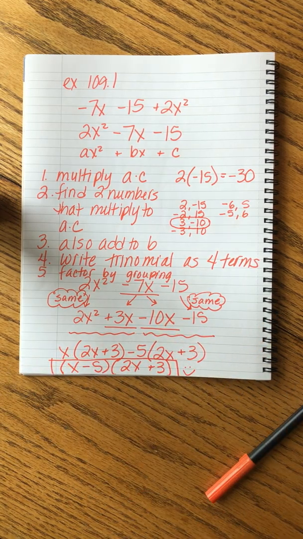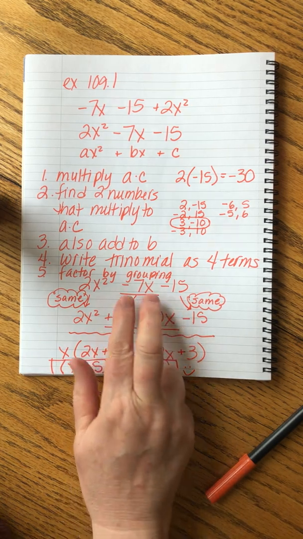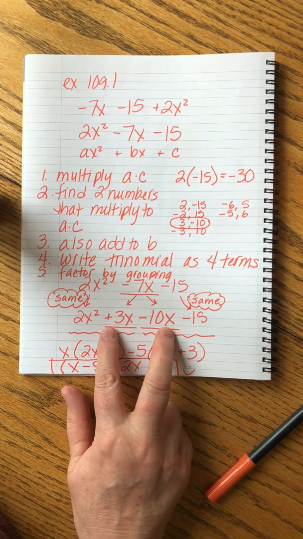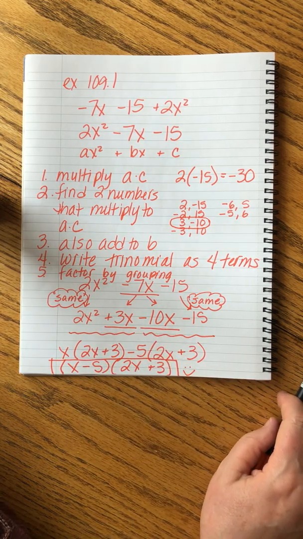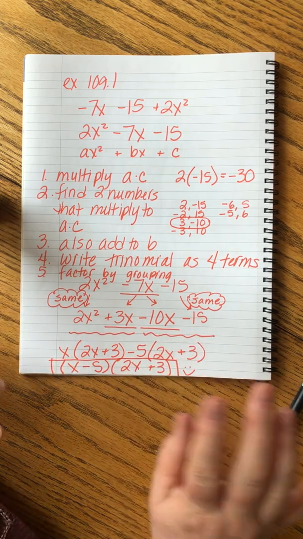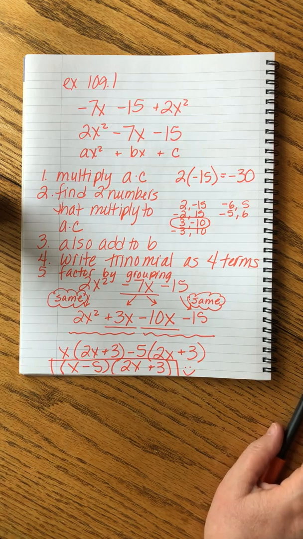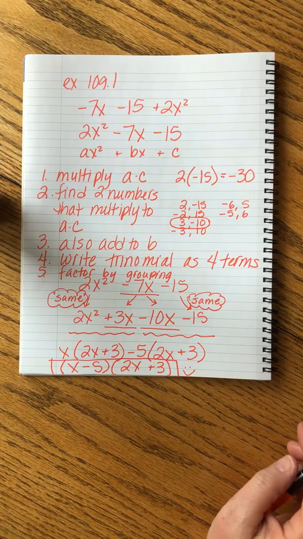So the good news is it doesn't matter what order you write these 2 terms in when you split the middle term into 2 terms, do it either way. If you can see one factoring pattern, like if it jumps into your eye and you go, oh, I know I'm going to be able to pull the 5s, for example, write it how you think it will be easier to work it. All right, but it does not affect your answer.